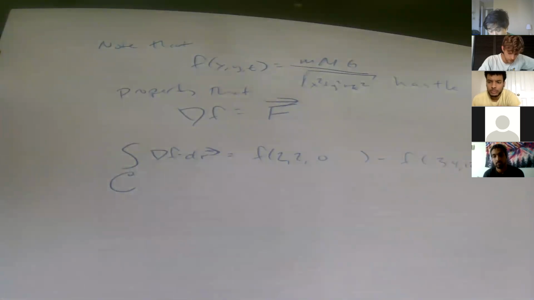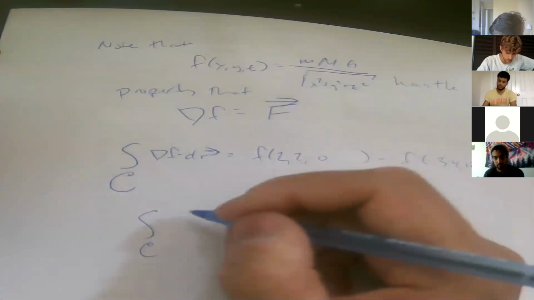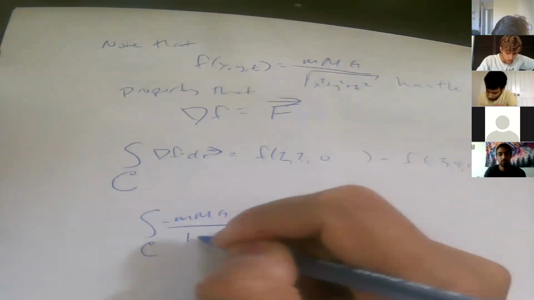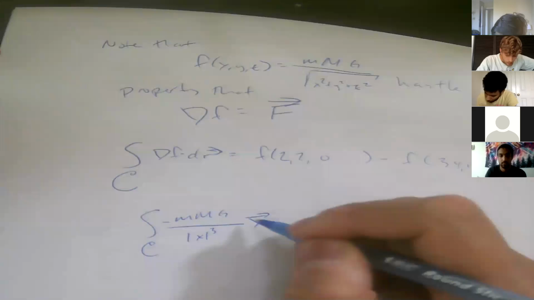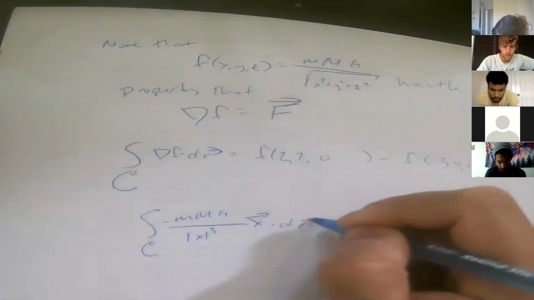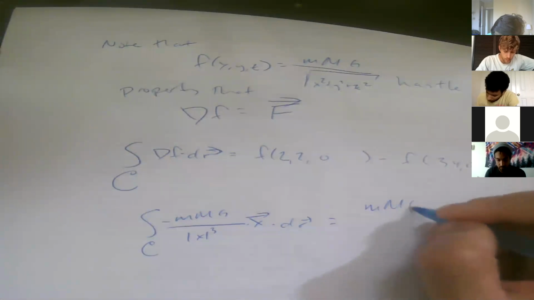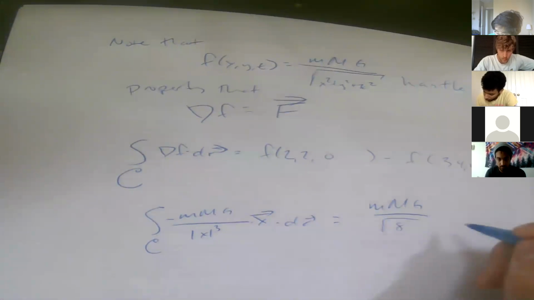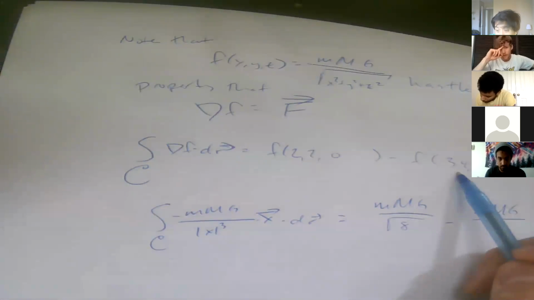And so now we can actually compute this. This is very easy to compute, right? This integral of this very complicated vector field, G length of x cubed x vector dot dr, is equal to m capital M G over the square root of 2 squared plus 2 squared, which is square root of 8, minus m capital M G over the square root of 3 squared plus 4 squared plus 12 squared.